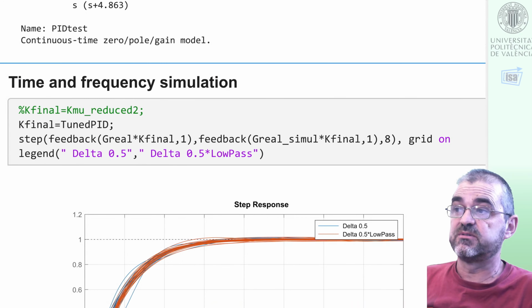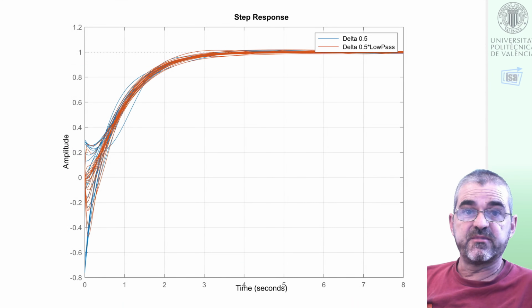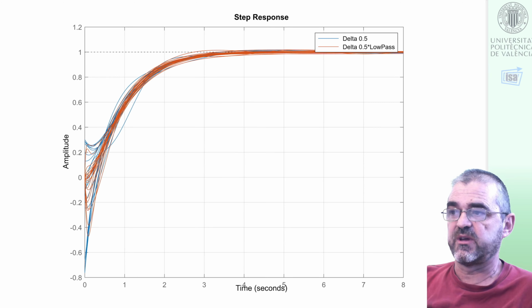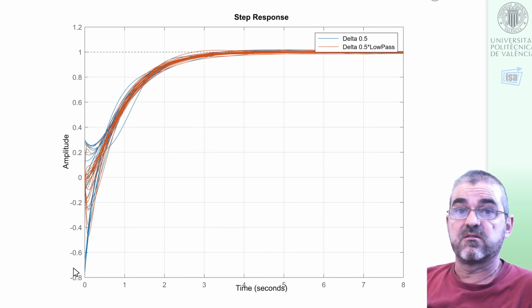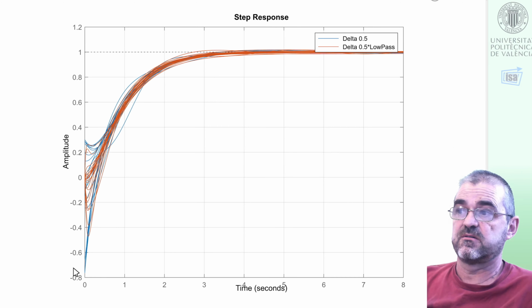So if we close the loop with the PID and we do the step response, we get this step response. The blue lines refer to the plant used for design, which may include very high frequency uncertainty. So I have these instant jumps to here, and the red lines are simulations in which I intentionally did cut the high frequency uncertainty, so all of them start in 0.